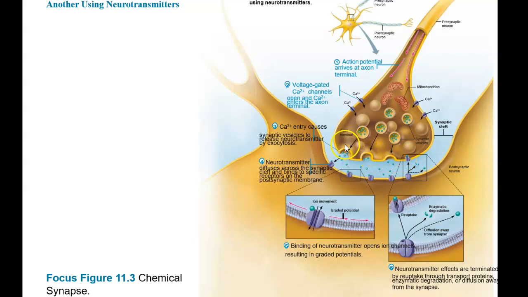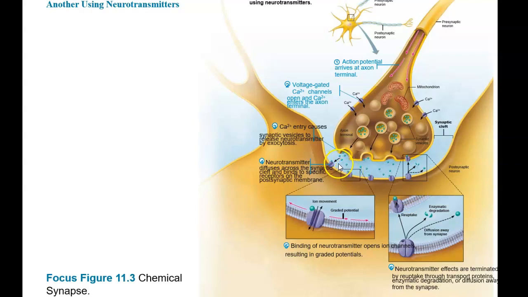And the neurotransmitter is going to diffuse across the synaptic cleft. This is the synaptic cleft here, between the two neurons, the presynaptic neuron and the postsynaptic neuron. So the neurotransmitters are going to diffuse out of the presynaptic neuron across the synaptic cleft, and they're going to bind to specific receptors on the postsynaptic neuron, which are here.